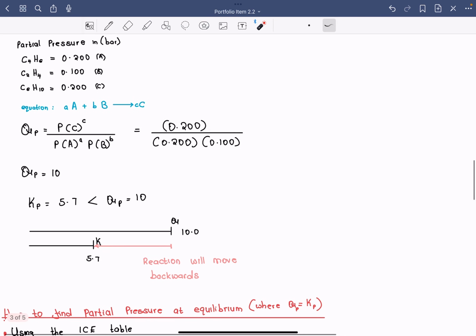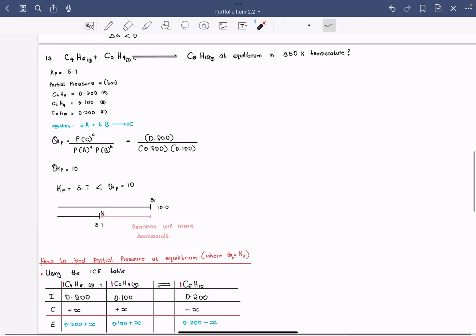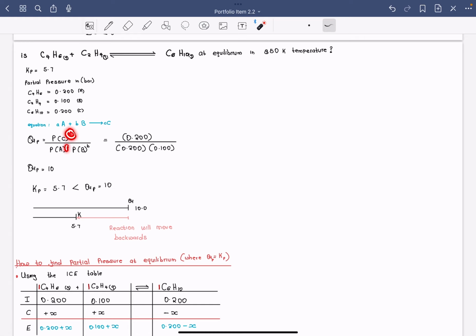We're going to be using this equation whereby in a reaction of A plus B to give us C, our Q pressure is going to be the pressure of C over P A to the small a, times P B to the small b. The small letters represent the coefficients, as you can see there. All we have to do is plug in our information.